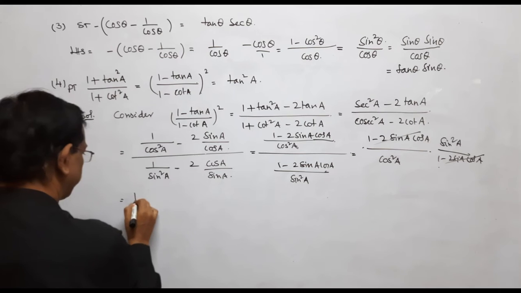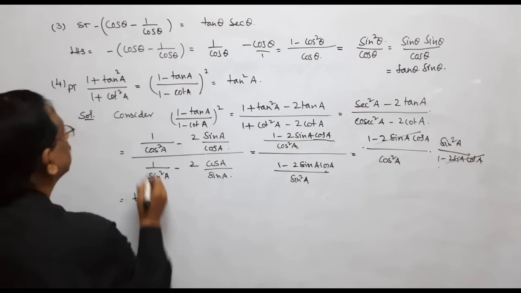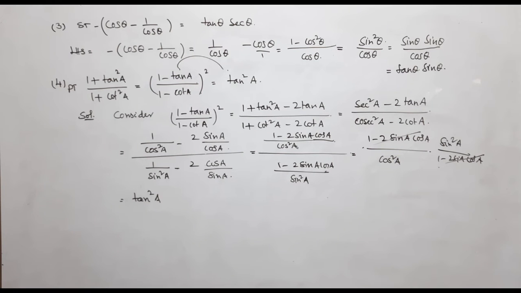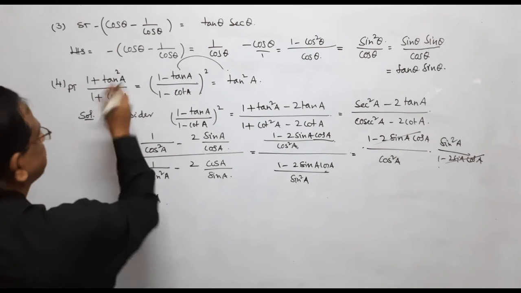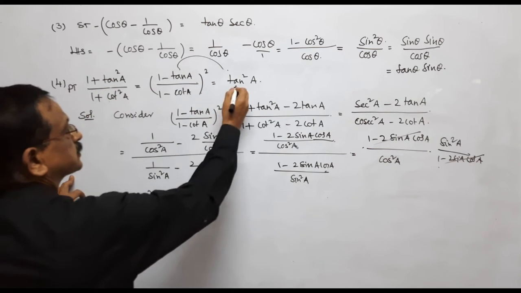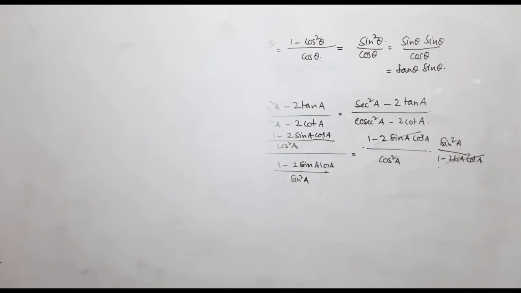So what you are left over is tan square A. So we have proved this. Now as an exercise, you can do 1 plus tan square A by 1 plus cot square A is equal to tan square A. Again, it can be proved.